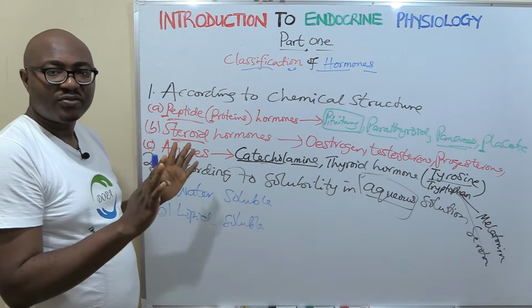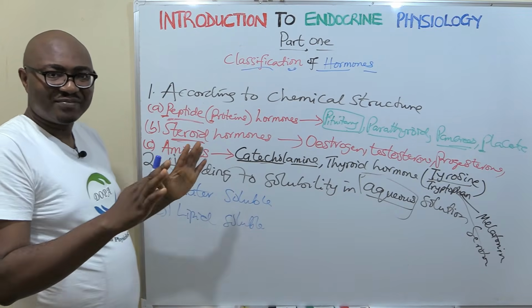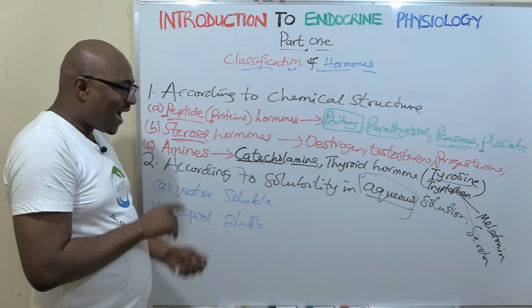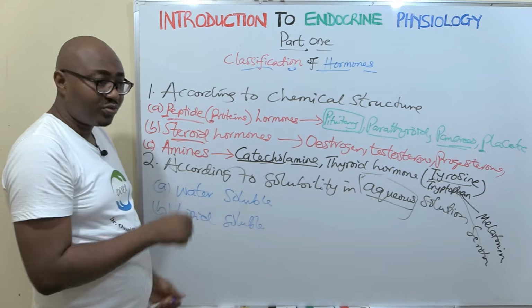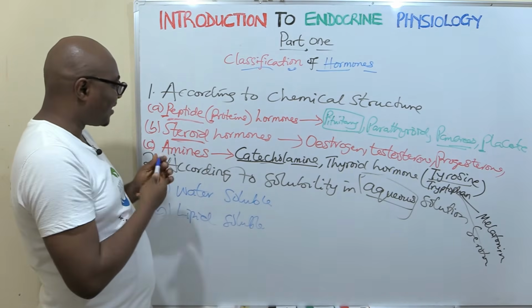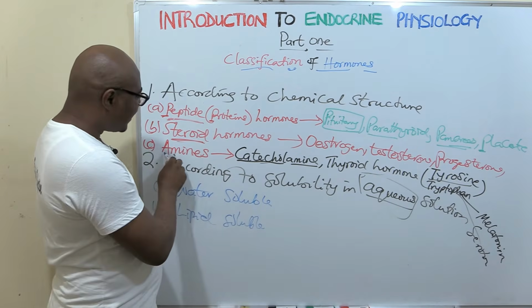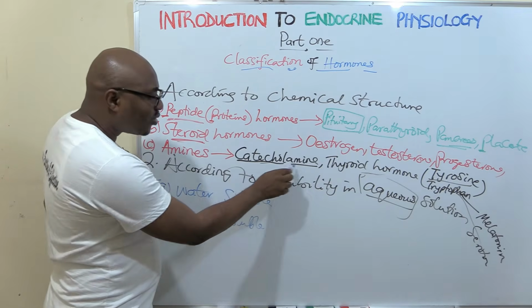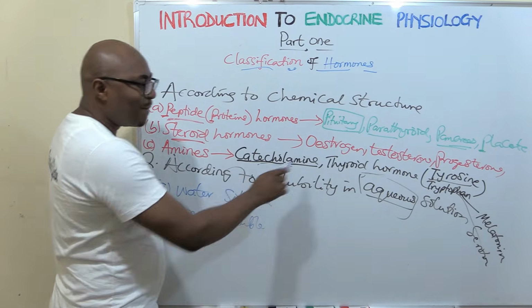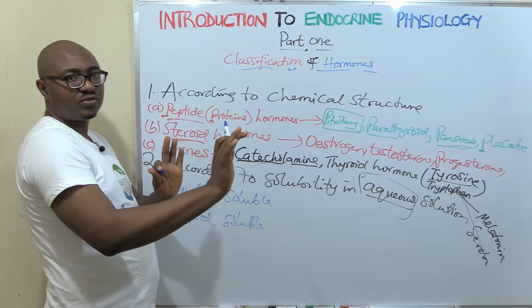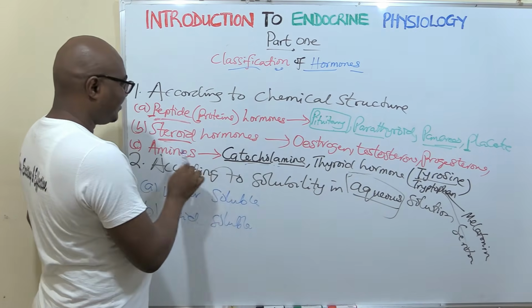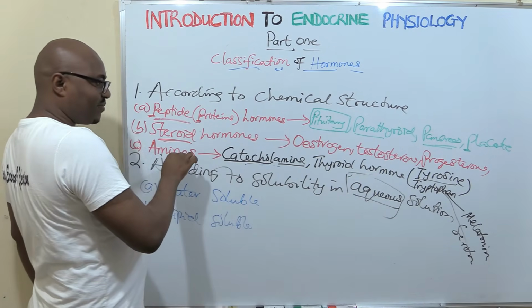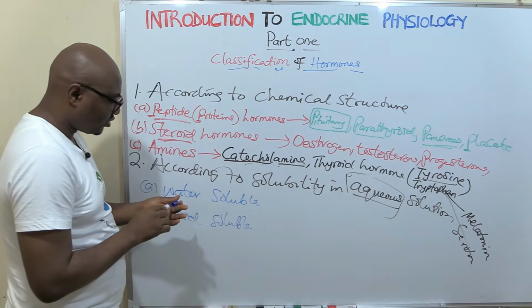They dissolve in the bloodstream. They easily dissolve in the bloodstream. And two key facts that you need to know about these water soluble hormones, a lot of which are peptide hormones. Then in the amines, catecholamines are also water soluble, but thyroid hormones are not. Okay, so just all peptides, then the catecholamines of the amines. Just note that.